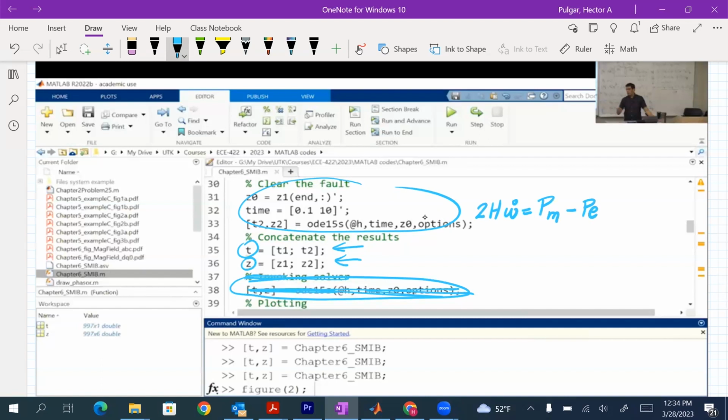But here we intentionally included a term which was KD multiplied by omega minus 1 to represent somehow damping.